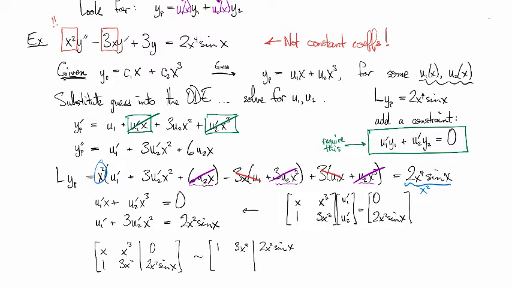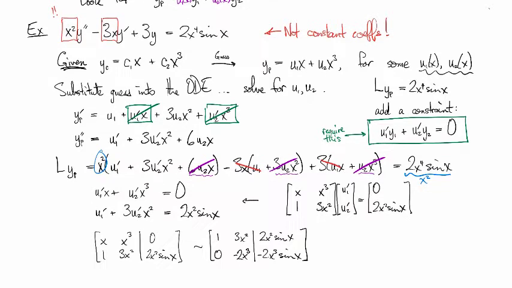And then multiply that by x and subtract it from the second row, and we'll get a 0 and minus 3x, minus 2x cubed, and minus 2x cubed sine x.